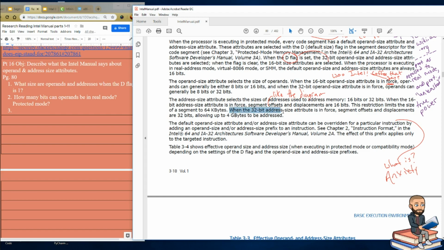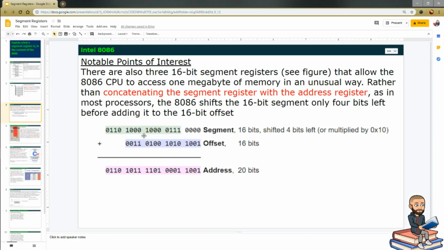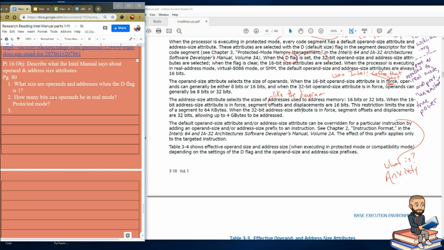But when the 32-bit address size attribute is in force, segment offsets and displacements are 32 bits, allowing up to 4 gigabytes to be addressed. So a quick diagram for you right here, because I'm working on a segment register video. This is what they mean by a segment value and an offset, which can be used to create an address. So in terms of a question, maybe we could say, what two sizes can an address be, either 16 or 32?